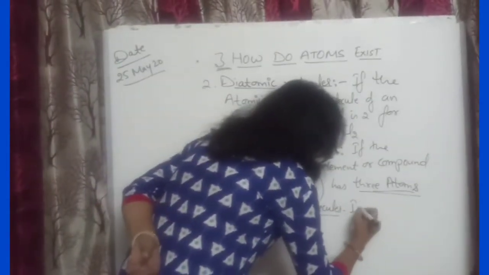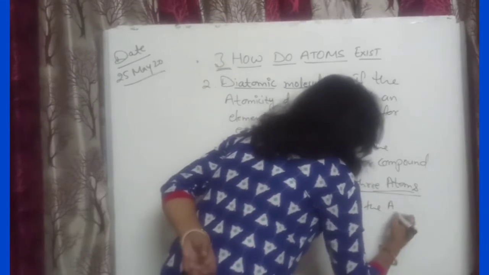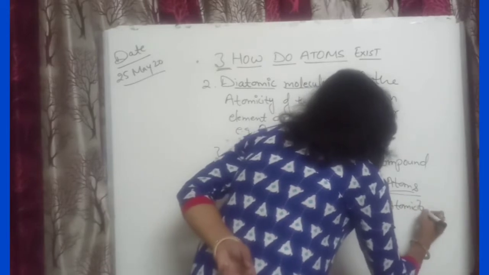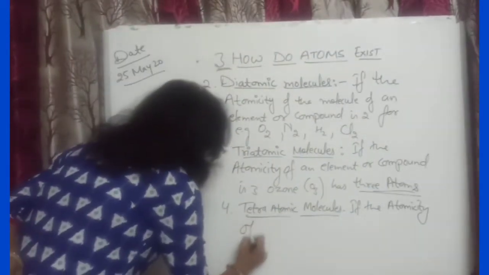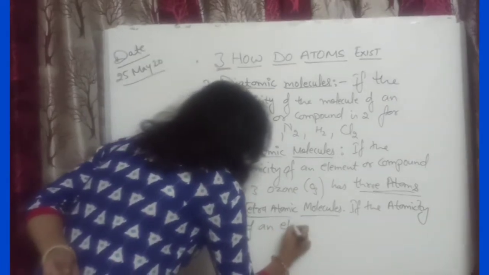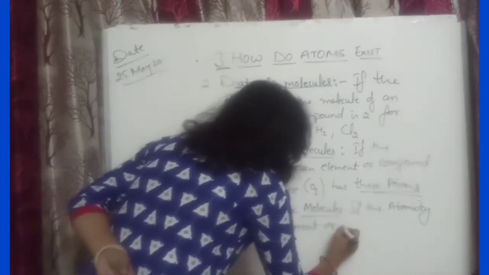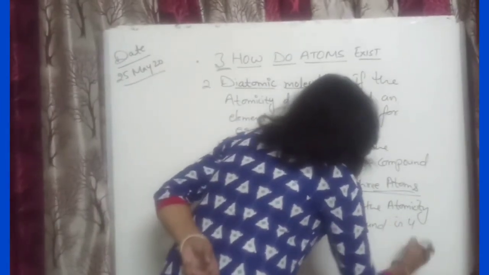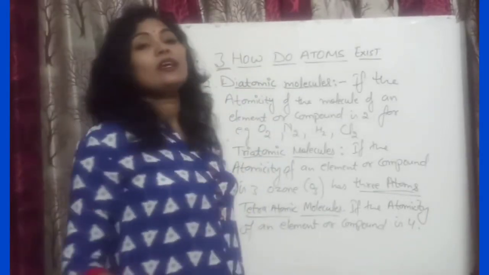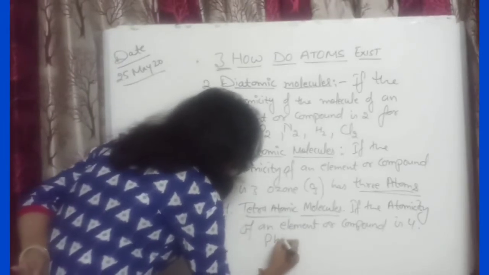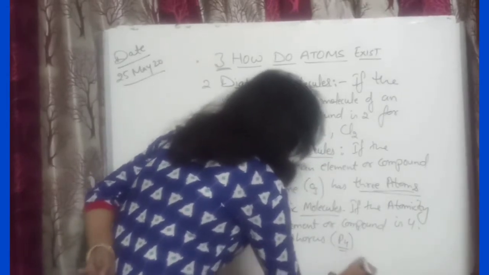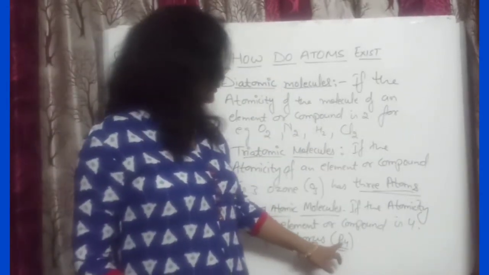So we can write, if the atomicity of an element or compound is 4, then it is said to be tetraatomic. Whose atomicity is 4? Phosphorus. Phosphorus atomicity is 4. It is written like that, P4.